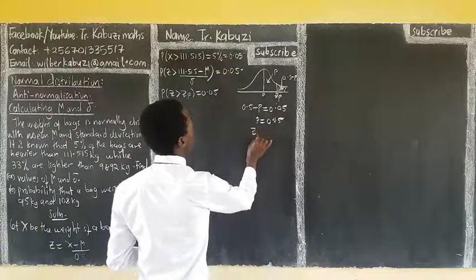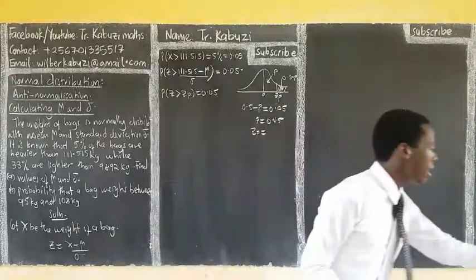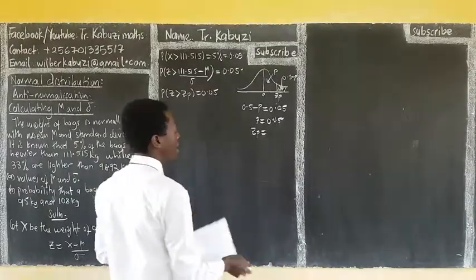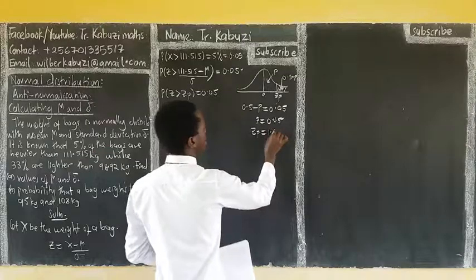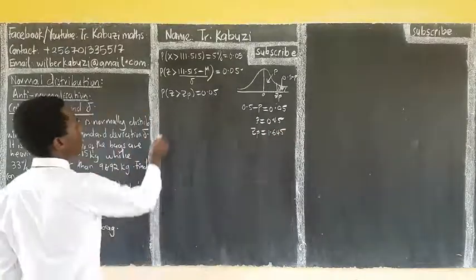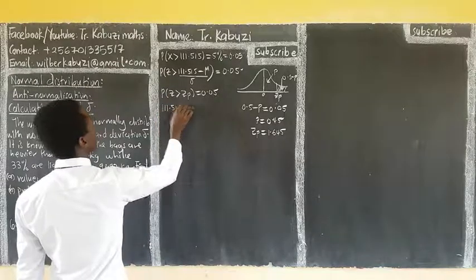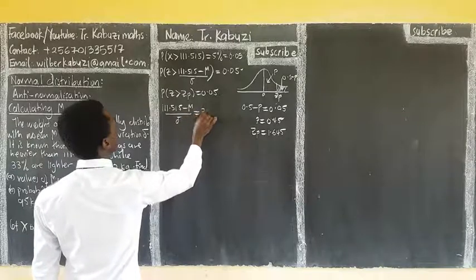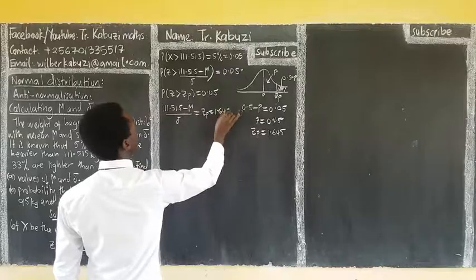So our ZP here, you come and read it from the table. I've been showing you how to do that. And when I read it from my table, I'm getting 1.645. From here, it means that now this ZP, 1.5, is equal to ZP, which is 1.645.